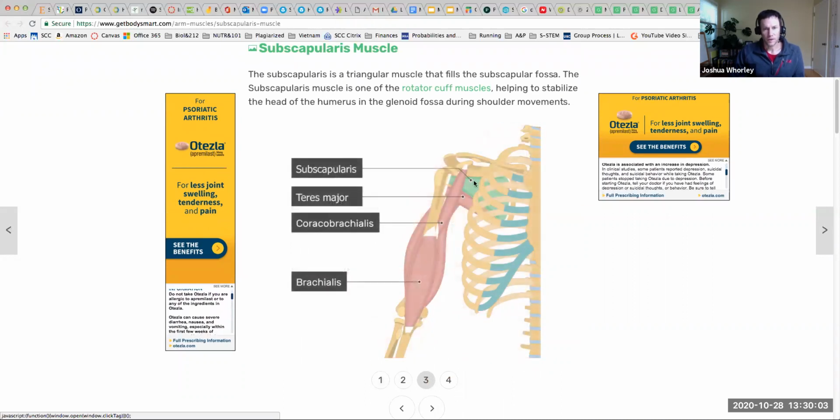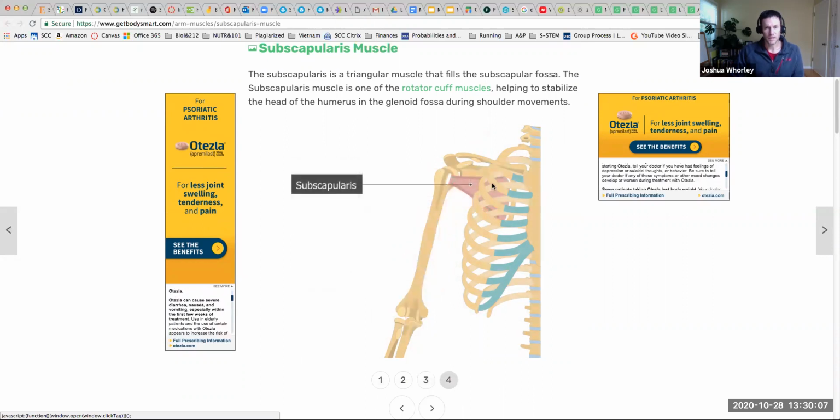We have to pull everything away, and there it is. This is the subscapularis and the subscapular fossa. So it's originating on more or less this medial border of the scapula anteriorly and inserting just medial to the intertubercular groove, basically on the lesser tubercle of the humerus.